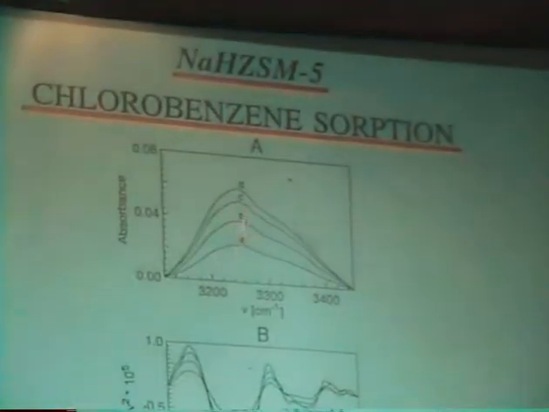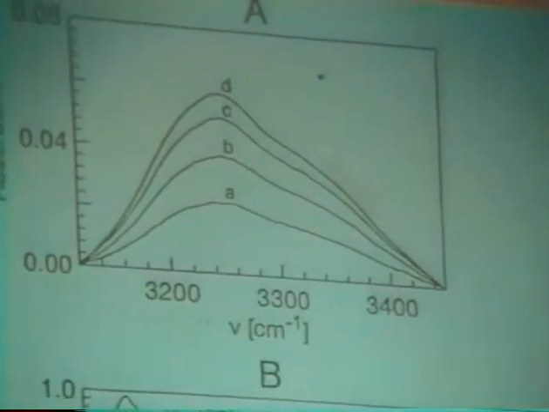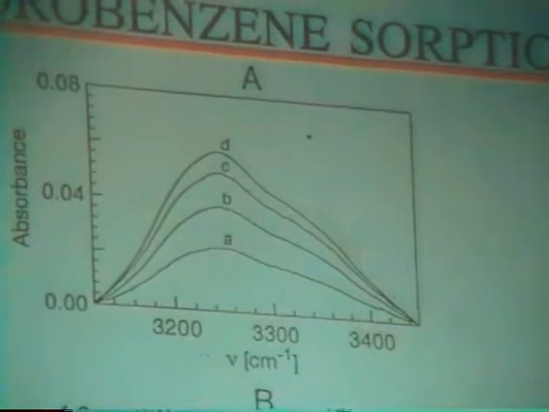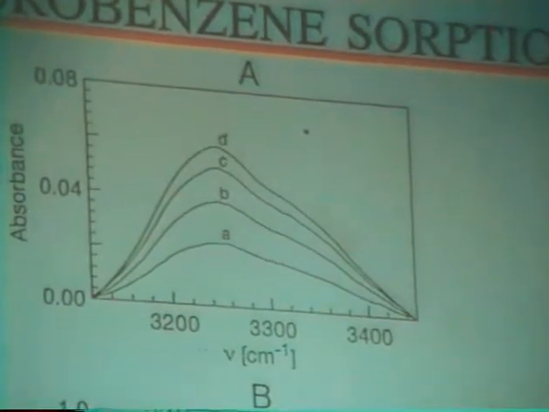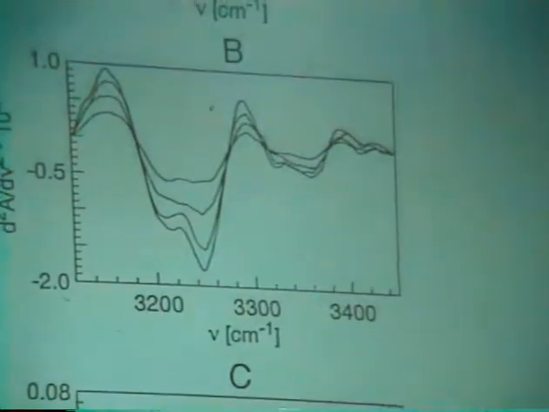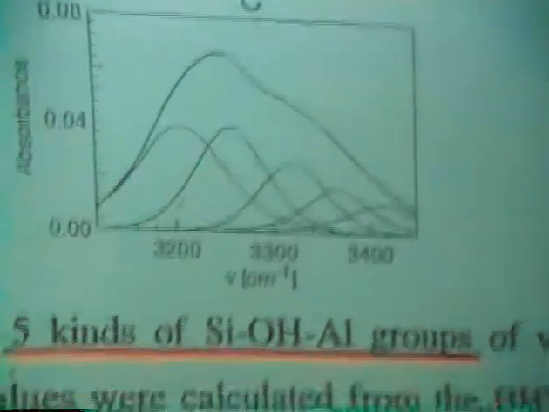We have 4 spectra of hydroxyl groups engaging hydrogen bonding with chlorobenzene. Those 4 spectra correspond to various amounts of chlorobenzene sorbed, to various percent of hydroxyl groups engaging hydrogen bonding.